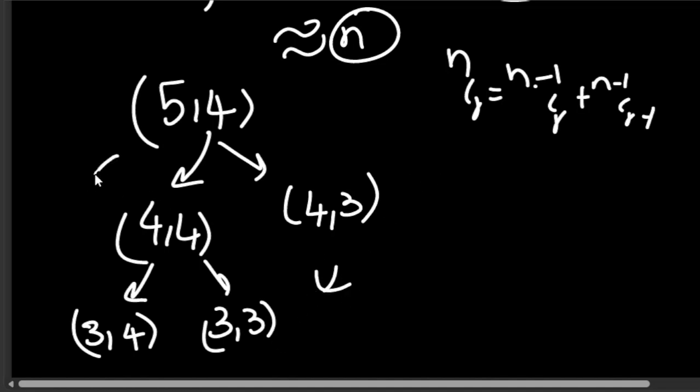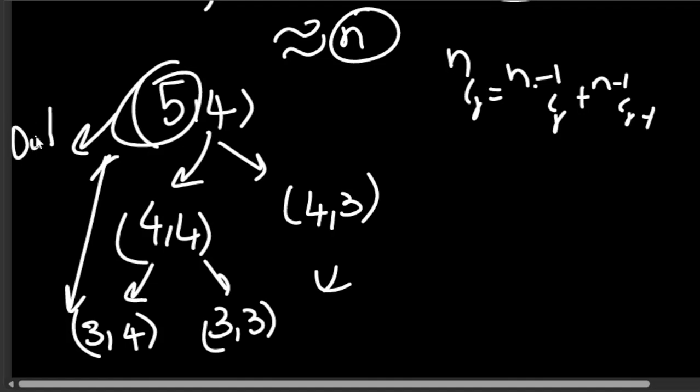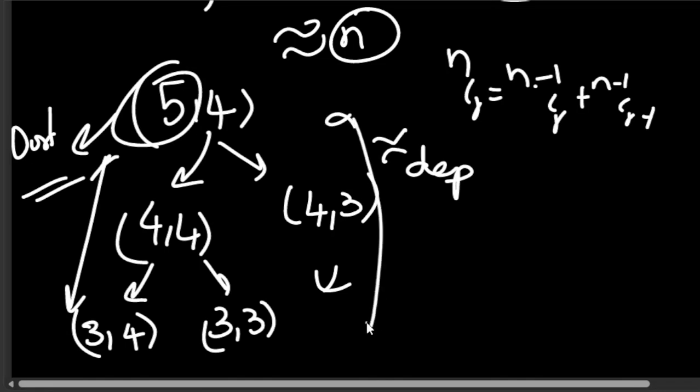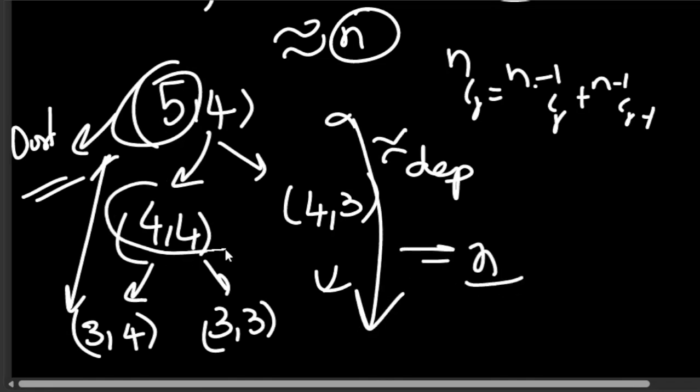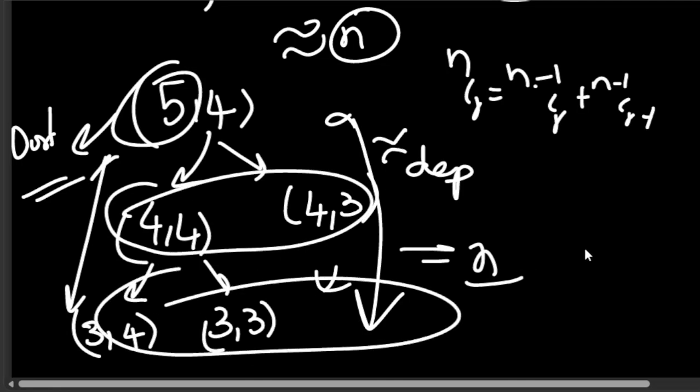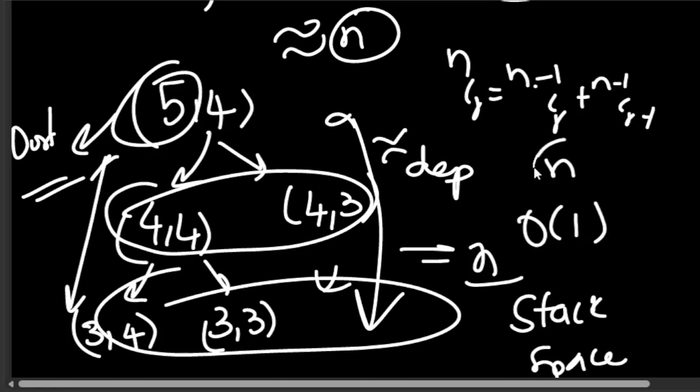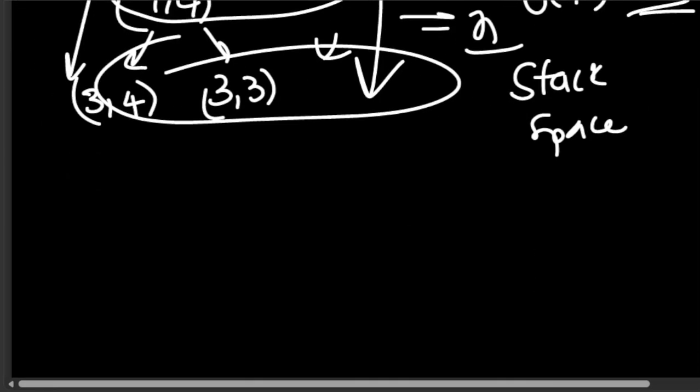So basically it will go till this 5 becomes 1 or 0, right? So the depth of this recursive tree would be almost n. So that's why each depth level will have a stack space. Constant space, but since the depth is n, it becomes O of n. That's what the thing is. So that's why we'll have this space complexity here.